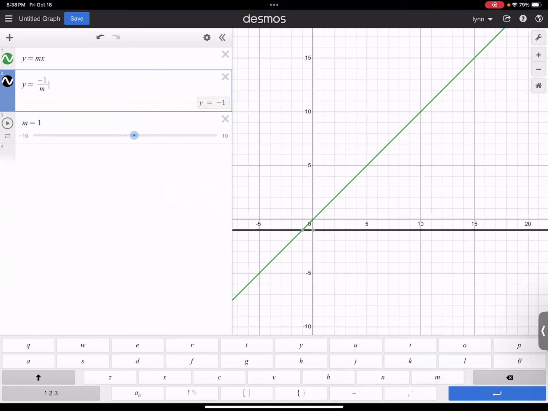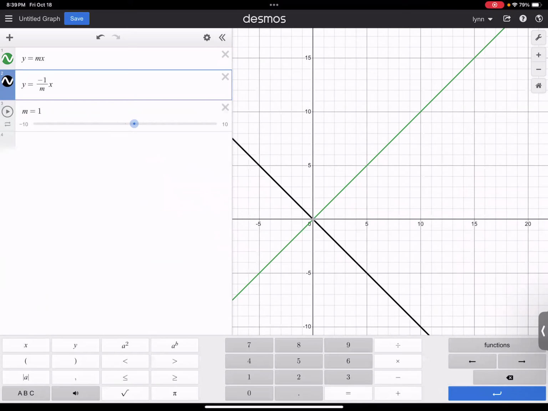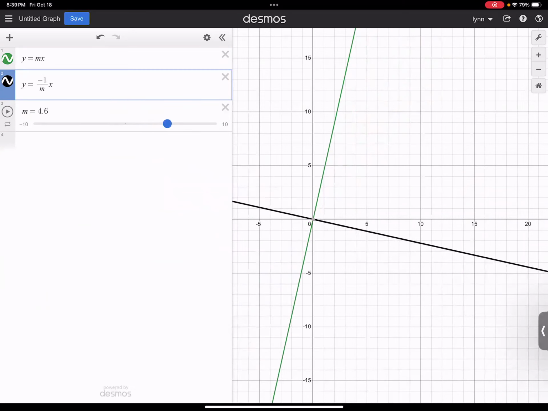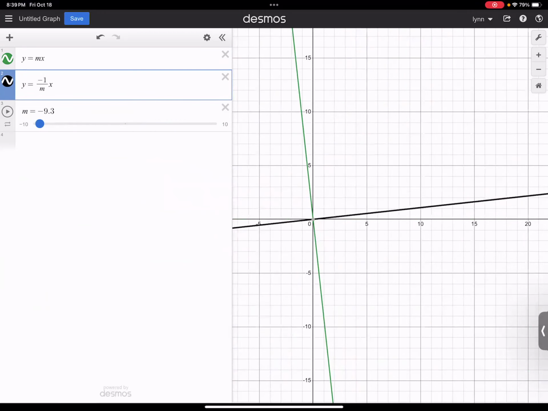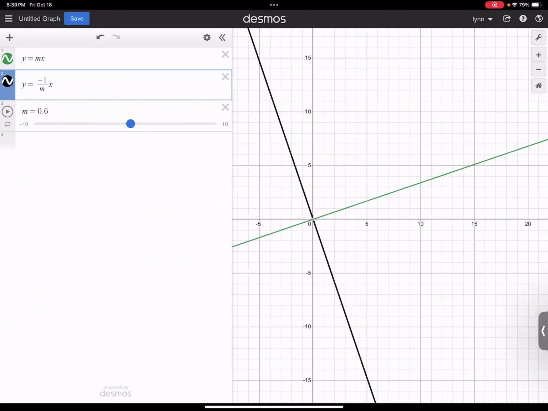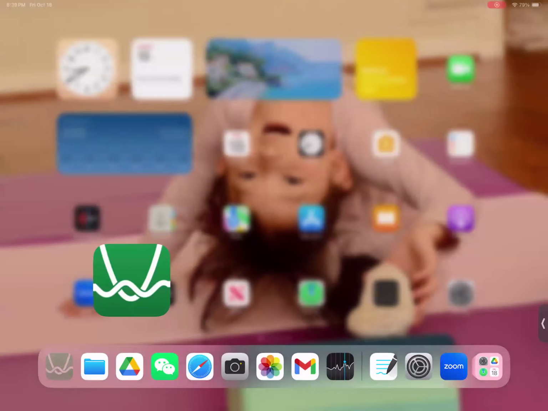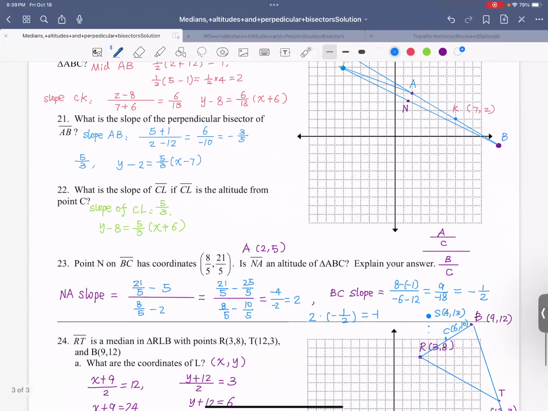Given a slope of m, you get the negative reciprocal slope, which is -1/m. No matter what your slope is, these two lines are always perpendicular to each other. No matter how much you change the line slope, it is always 90 degrees if their product is -1. Okay? That's what's going on.